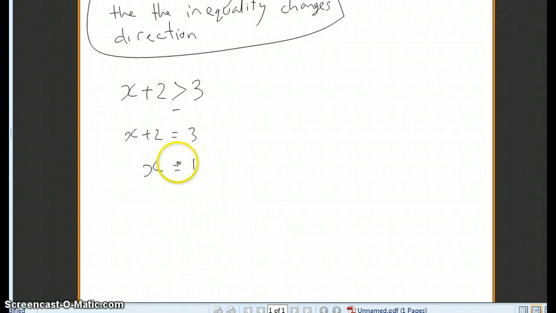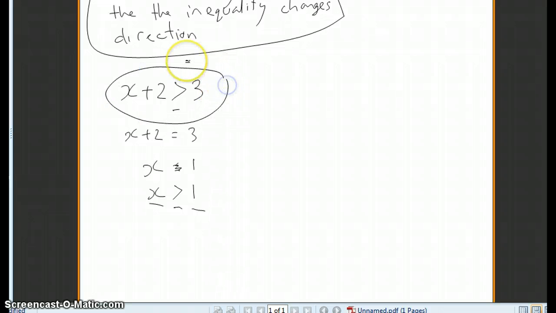But it's not an equal sign, it is a greater than sign. So how this reads is, as long as x is greater than 1, the inequation will always be true.